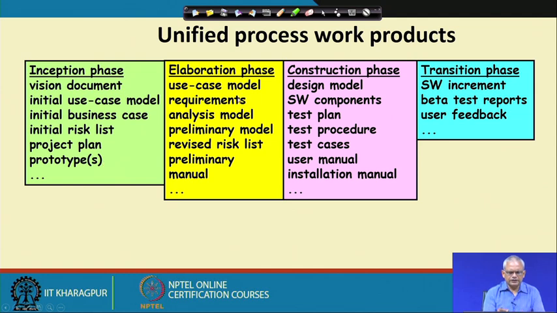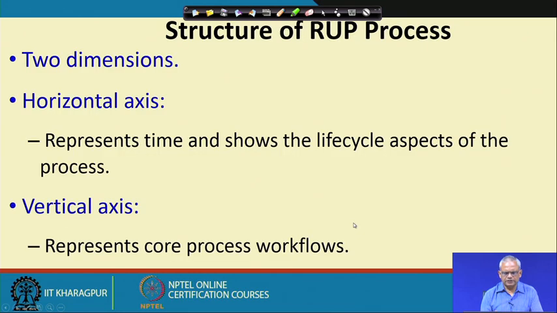In the elaboration phase, models are made: analysis model, preliminary design model, use case model, and so on. In the construction phase, the software is developed, the test plan is made, several manuals, user manual and installation manual, are written, and finally, these are deployed at the customer site, and the beta test reports and user feedback are obtained.